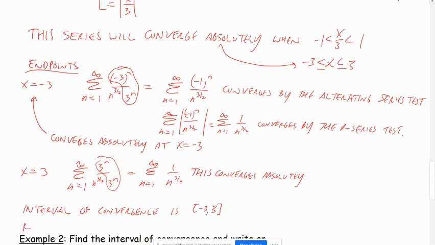And our radius of convergence is r equals 3. Again, because on the number line, if you went from -3 to +3, the middle is 0. We can go 3 in each direction from the center. So you can imagine a circle with a radius of 3 that would go through those 2 points.